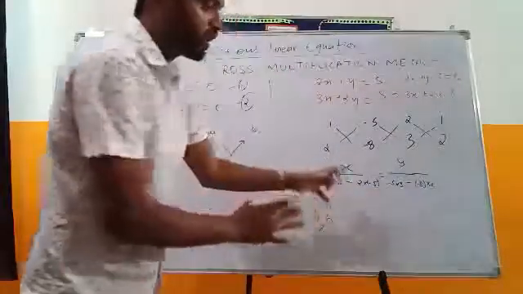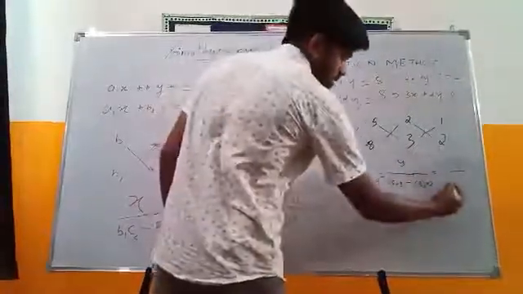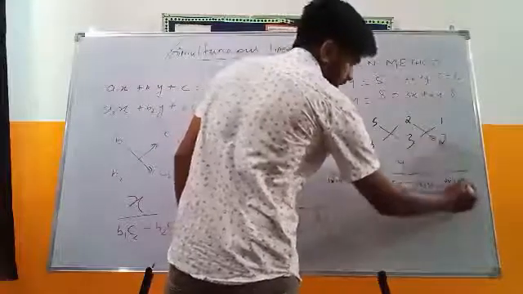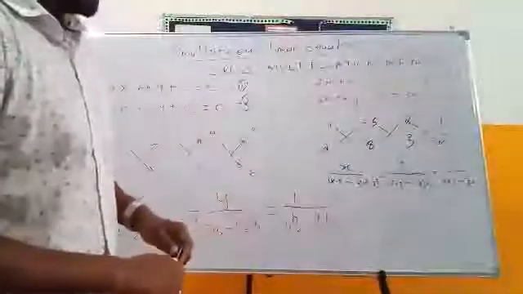Be careful about the signs that you are writing down. Then 1 upon 2 into 2 minus 3 into 1. Let's have a look.